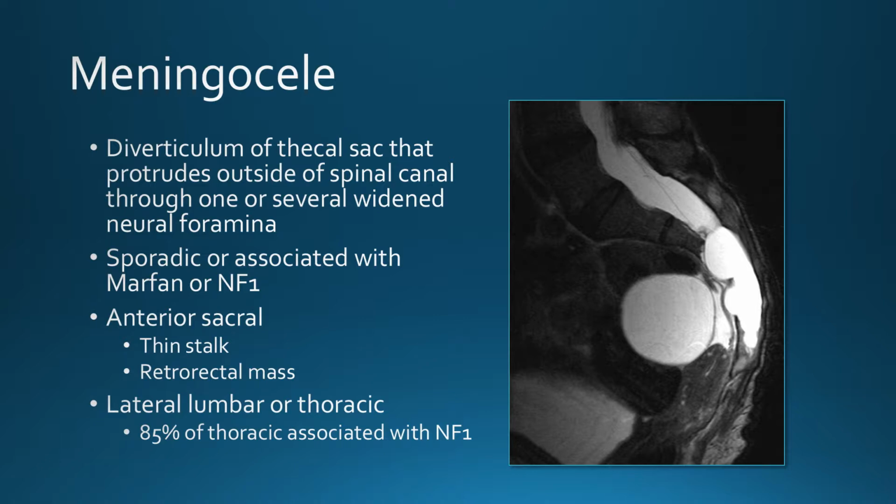So the sacral meningoceles are anterior. They have a thin stalk, and they present as a retrorectal mass. The lumbar or thoracic meningoceles are lateral because they go out through the neural foramina. Of the thoracic meningoceles, the vast majority are associated with NF1.